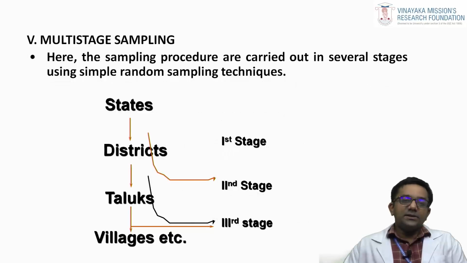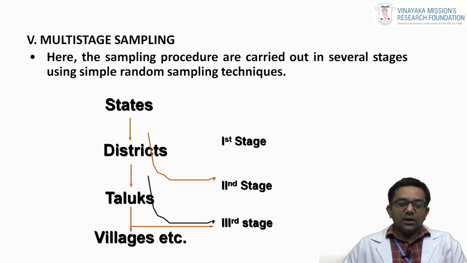Next is multi-stage sampling. As the name suggests, it is a sampling procedure carried out in several stages using a simple random sampling technique. Multi-stage means that at different stages, first a state is selected, then a particular district, then a taluk, which is a particular block in the district, and then in that block or taluk a village is selected.